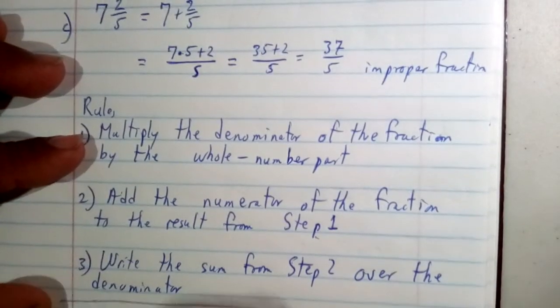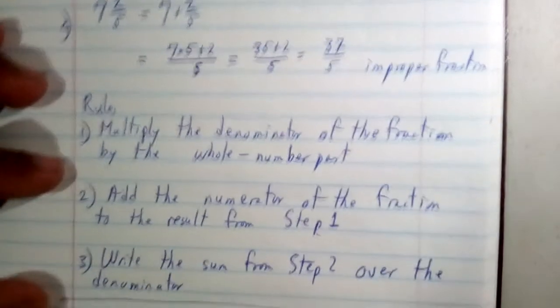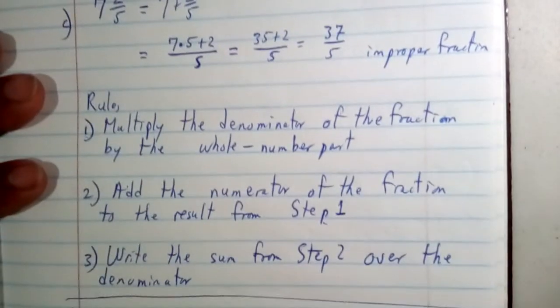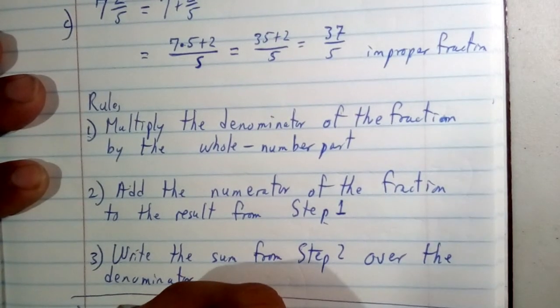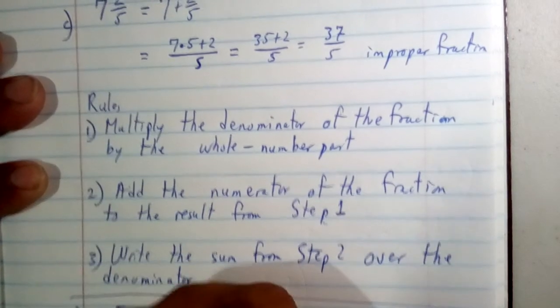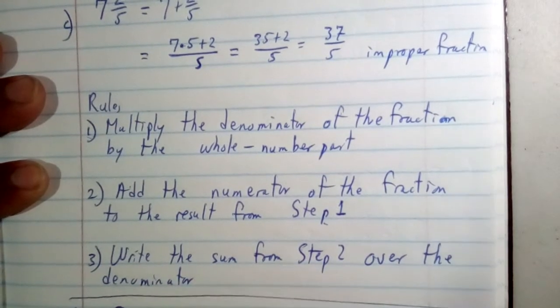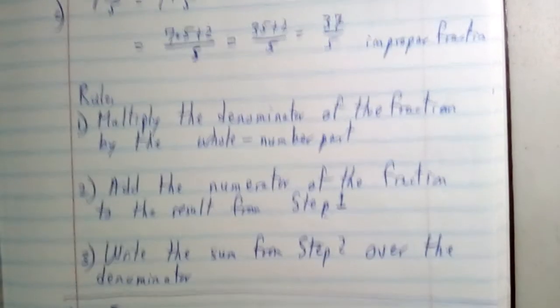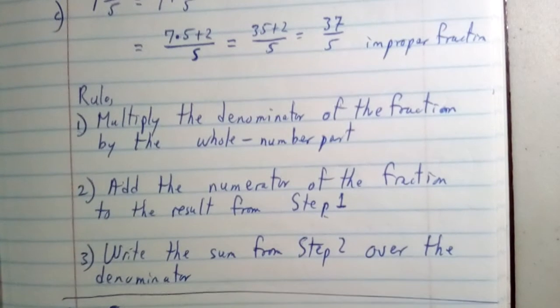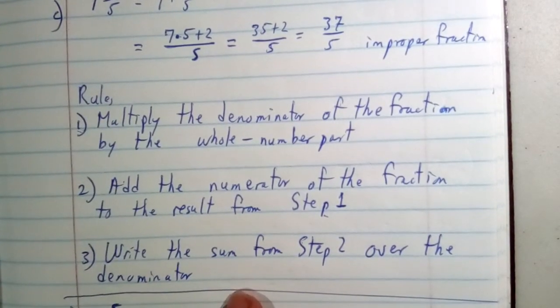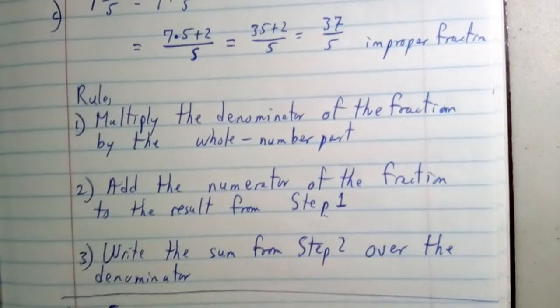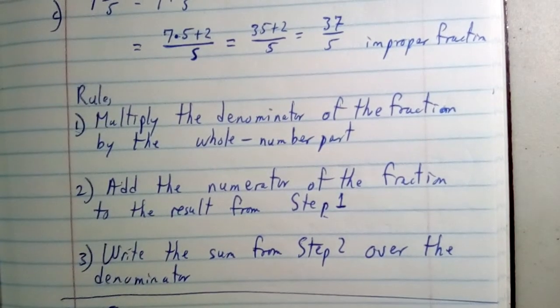Here's an example D. Consider that you have now 3 and 5/6, right? We will use step 3. So we can use this step 3 and summarize everything that we want to find the improper fraction. Why?